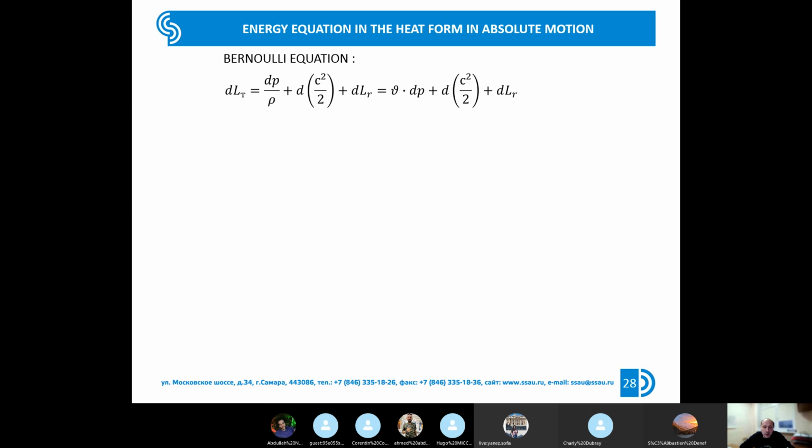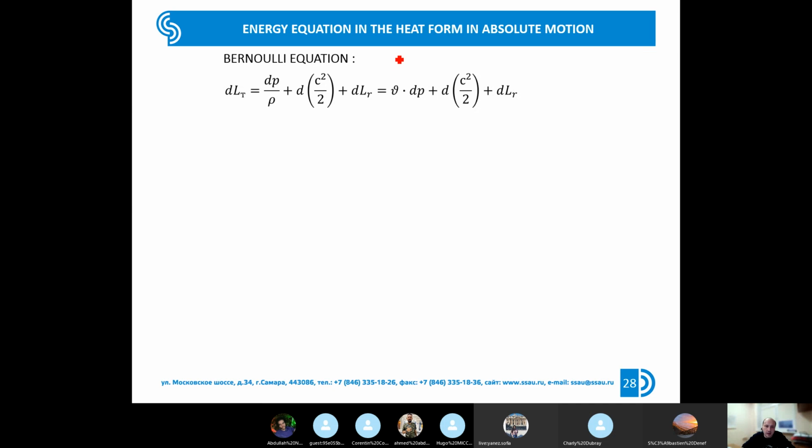I believe you know this equation from the thermodynamics course and the gas dynamics course. So let's take the Bernoulli equation in differential shape and make only one change. We replace density with the specific volume.